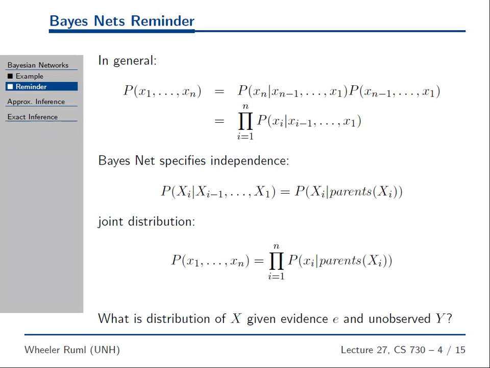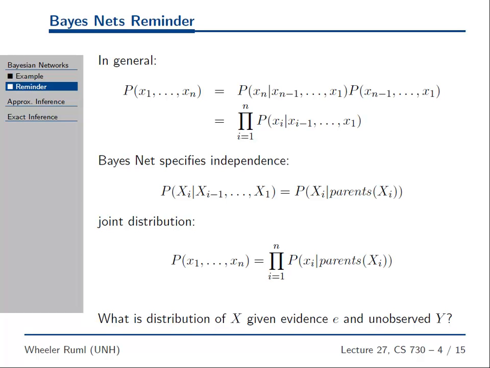Now, what if we want to answer one of these queries where we don't just want to sample the full state of the world, we want to know about some particular variable given that we know values for other ones? What do we do there? The very simplest thing you could possibly think of, given that we now know how to sample from the distribution. So, given that John and Mary both called, what's the probability there's a burglary?